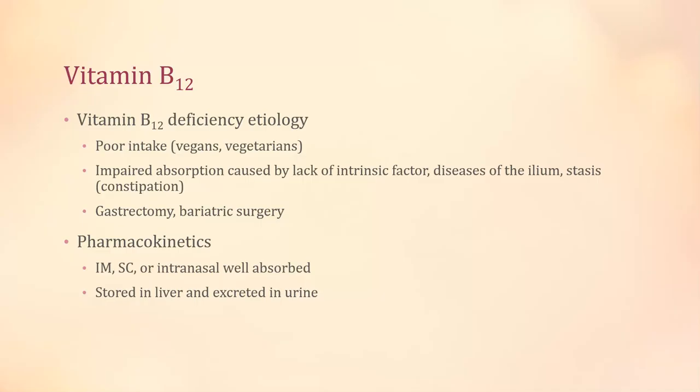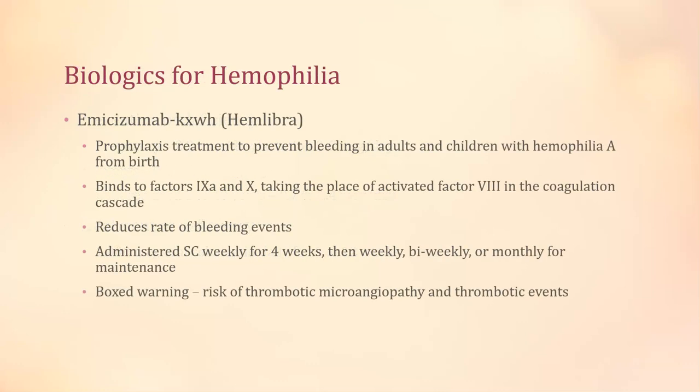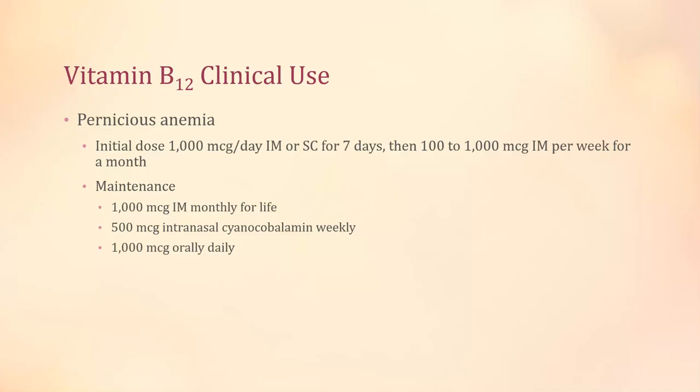It is stored in the liver and excreted in the urine. And here are the doses. Here's some biologics for hemophilia. Vitamin B12 is used for pernicious anemia.